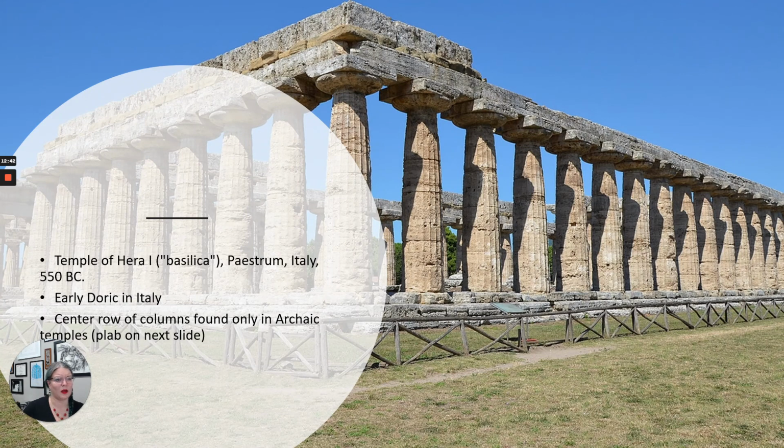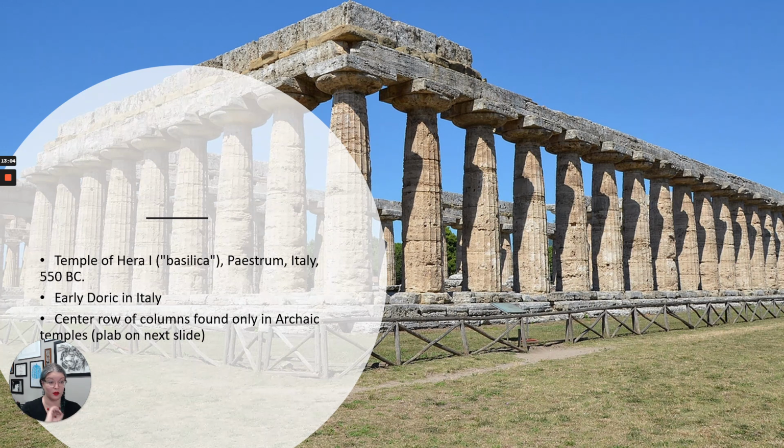Let's look at a couple of examples. One of the things that we see, the Temple of Hera 1, this is in Paestum, Italy, which was basically part of Greece at the time. We'll look at it for a second. In what order do you think it is? Look at the columns, look at the capitals, the top of the columns. No swirly things, no volutes.